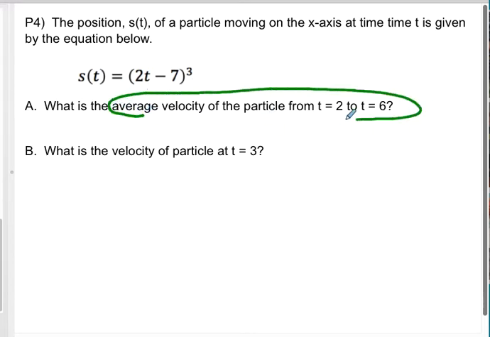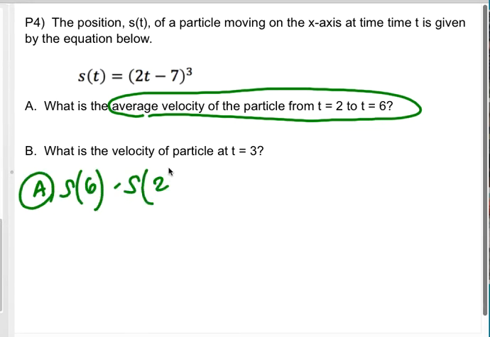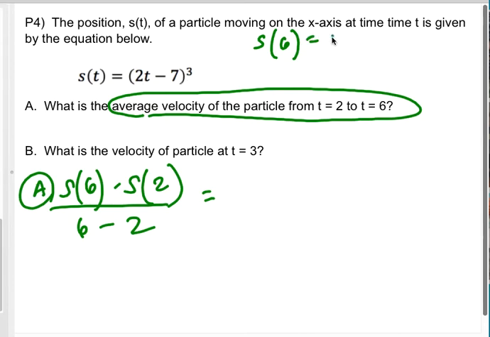This question, when you do A, is asking you, what is s of 6 minus s of 2 over 6 minus 2? You need to communicate that information, and then honestly, if you do the rest in your head, nobody cares. But you have to communicate this information. So s of 6 is going to end up being 12 minus 7 all cubed, so that's going to be 5 cubed or 125.